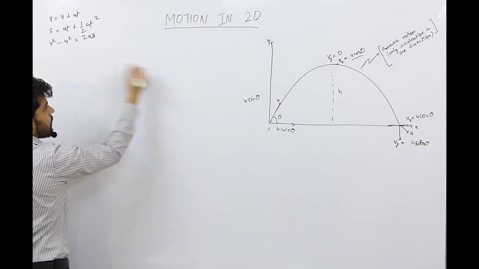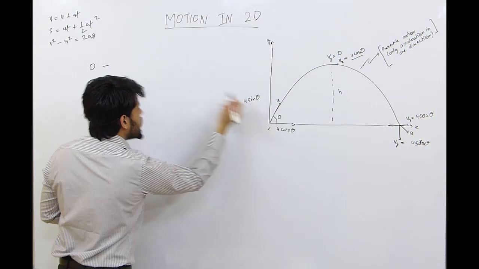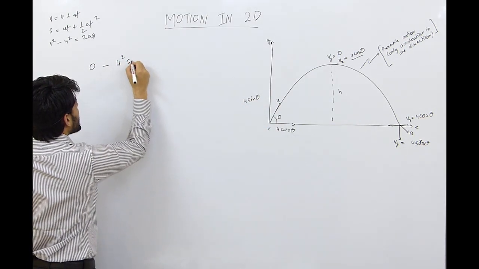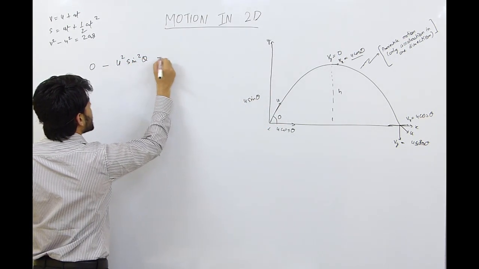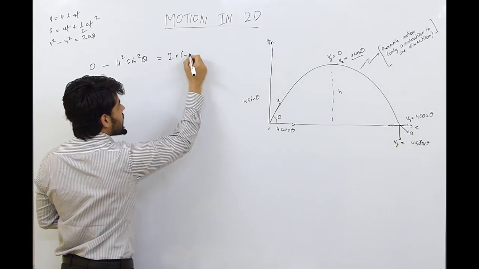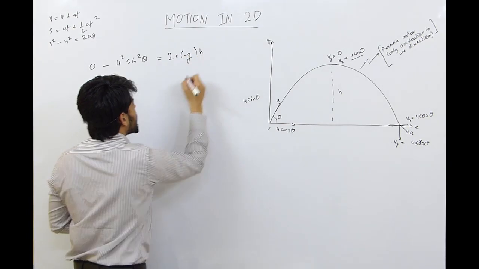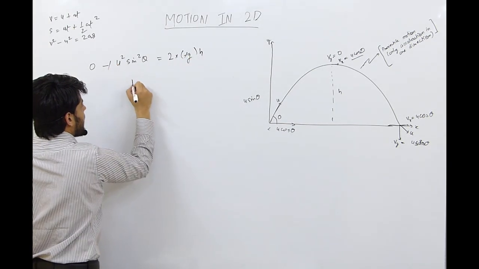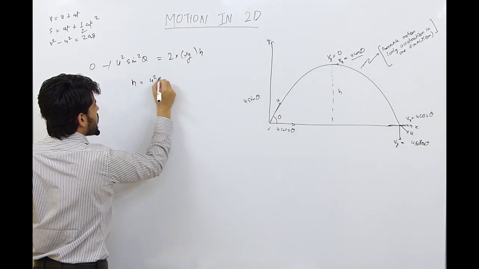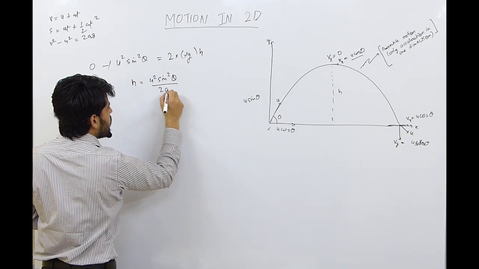So v, the final velocity, is 0 minus the initial velocity u sin theta, so it will be u square sin square theta is equal to 2 into g, which will be negative because the motion is in the upward direction, 2 into minus g into h. From here minus is minus and h comes out to be u square sin square theta by 2g.